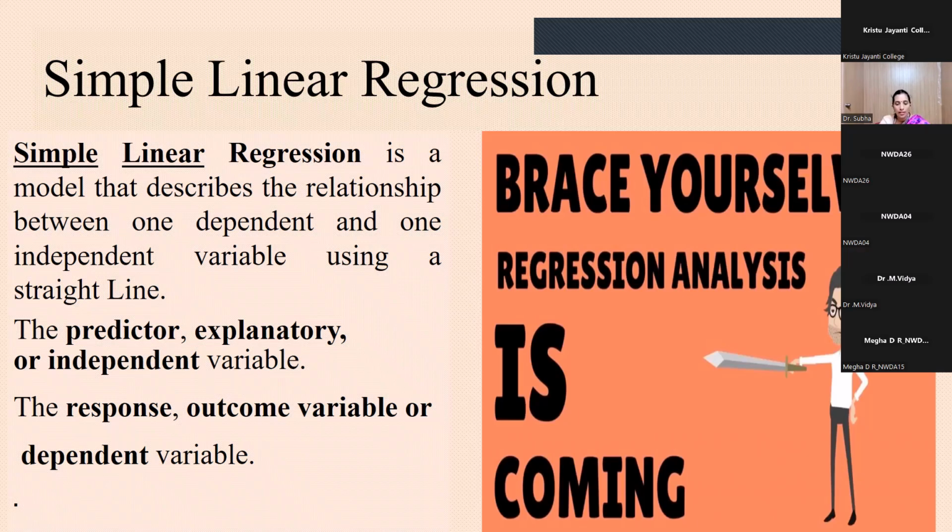In simple linear regression, you can study the relationship between two variables as well as the impact of one variable, that is the independent variable, on the other variable. That is called simple linear regression. It is called simple linear regression because you are going to use only one independent variable and one dependent variable.